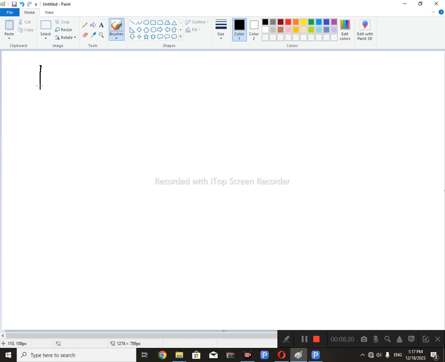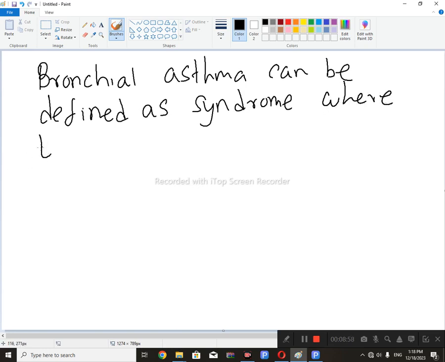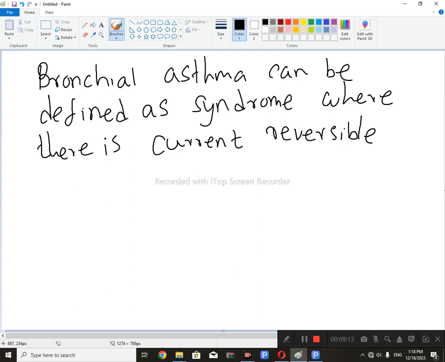Bronchial asthma can be defined as a syndrome where there is recurrent reversible obstruction to the airways.